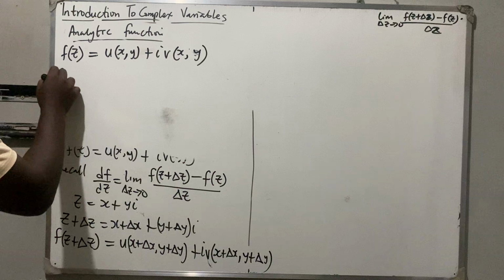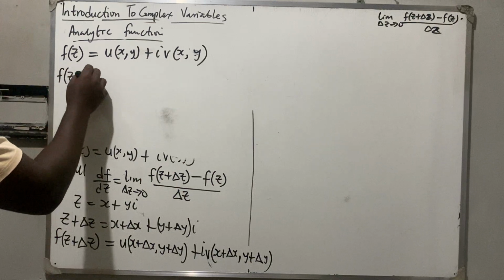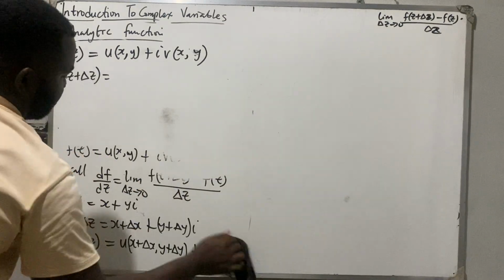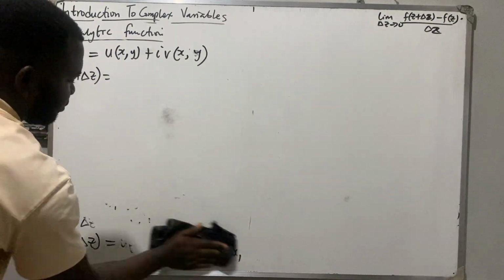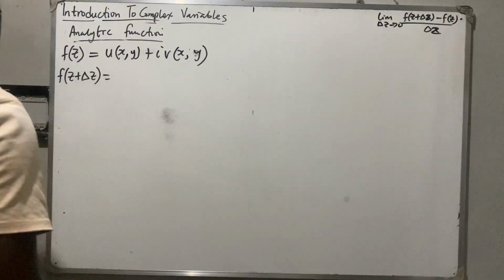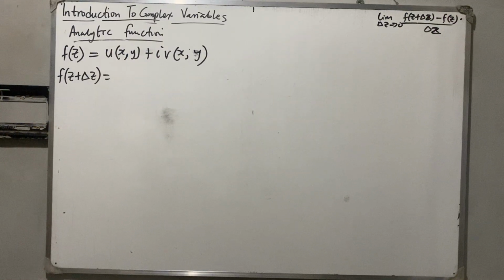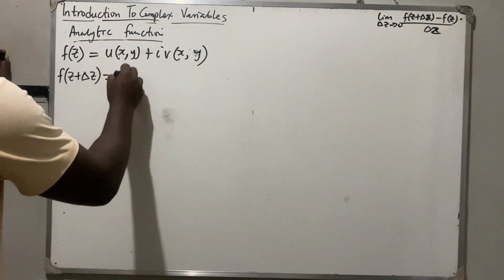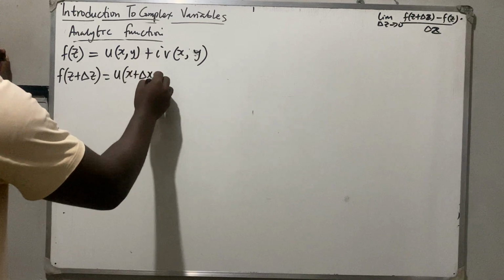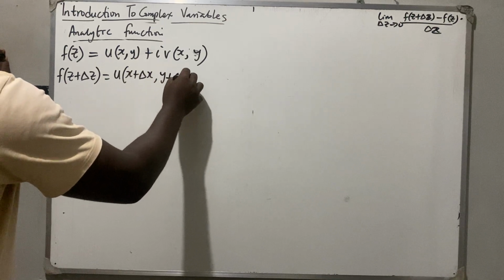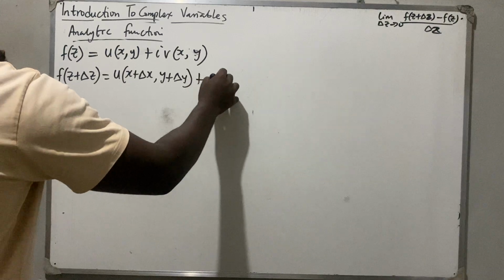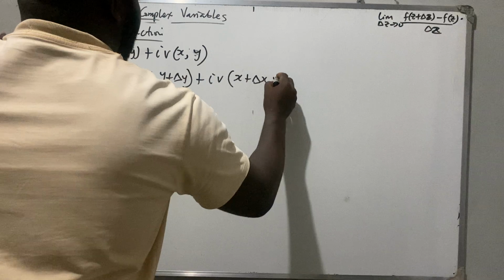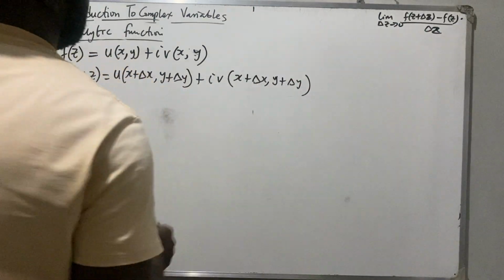So f of z plus delta z will now be equal to, first, u of x plus delta x, comma, y plus delta y, then plus iv in bracket of x plus delta x, comma, y plus delta y.